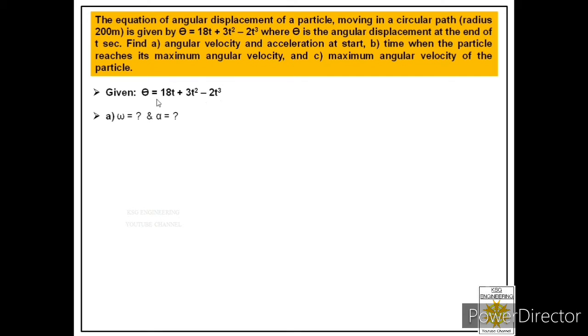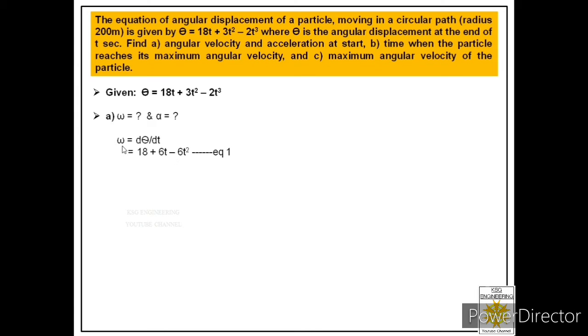If we are given the equation of theta and want to find angular velocity, we have to take the derivative of that equation, because omega is equal to d theta by dt. So taking the derivative, we get 18 plus 6t minus 6t square.